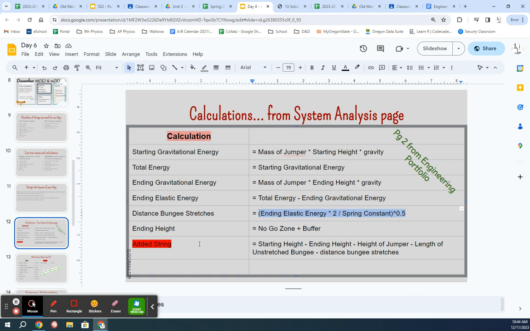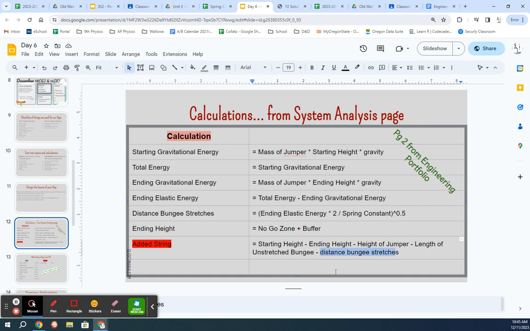The way that we're going to do this, starting height, where we're starting the jump, we're going to subtract off some things. Subtract off the ending height. Subtract off the height of the jumper. Subtract off the length of the unstretched bungee. Subtract off the distance that the bungee stretches. And what's left is how much string we need to add so that they're in just the right location at just the right time.